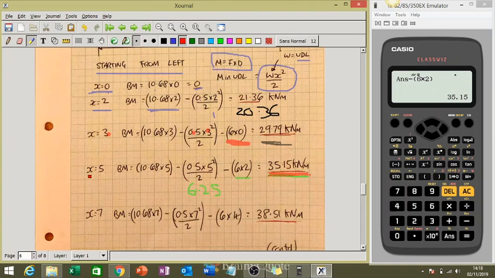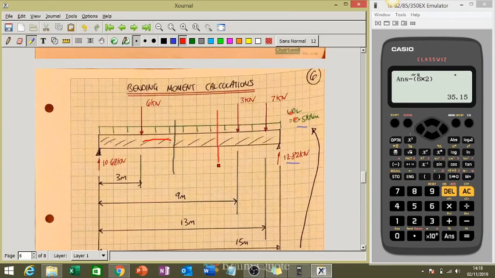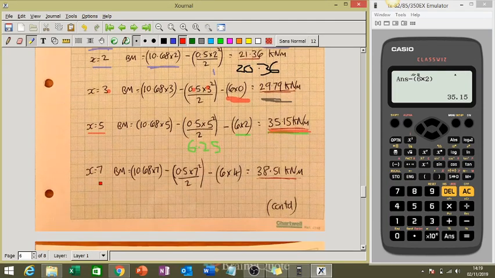X equals 5. I then got to x equals 7. So here somewhere. So I've still got the bending moment produced by that force, and my UDL. So really we're just going up now, up by 2 meters, up by 2 meters.